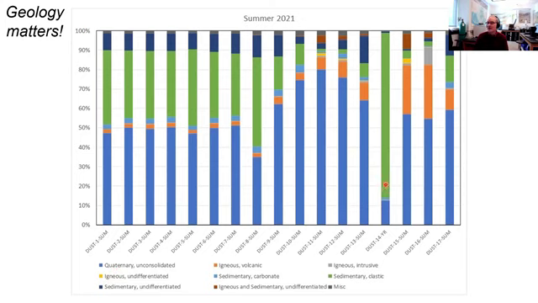Dust 14 over here is mostly a green bar on this plot. It's mostly clastic sedimentary rocks, mostly the rocks that we see in the Canyonlands and so on, which are uniquely poised to be contributing to that site.